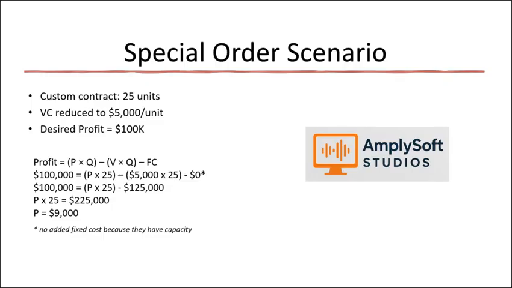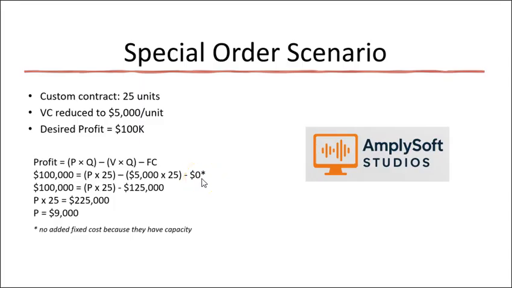We can use the profit equation and set profit to $100,000. $100,000 equals a price times 25. We're trying to determine what the price would have to be, minus $5,000 of variable cost times 25, minus 0.